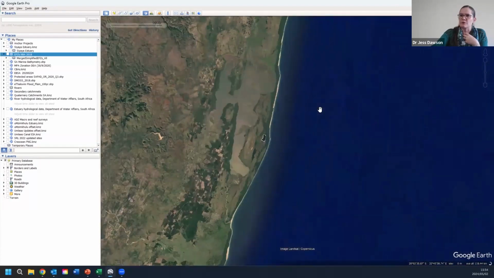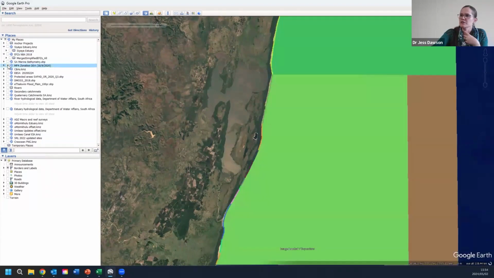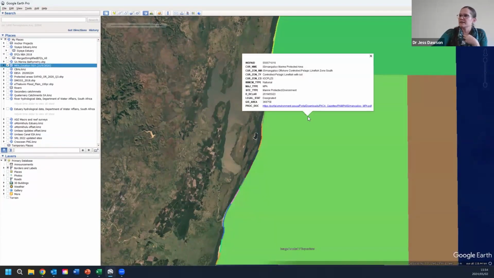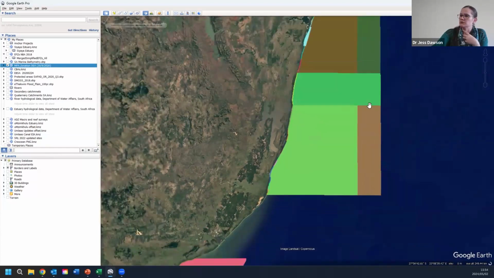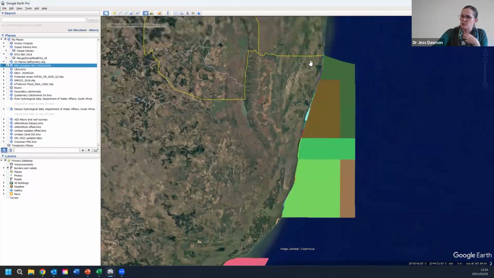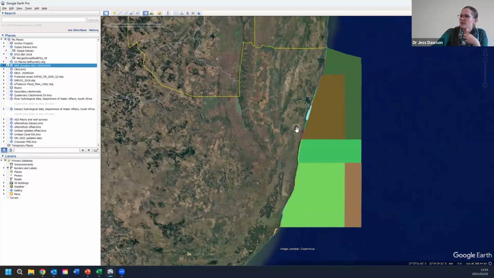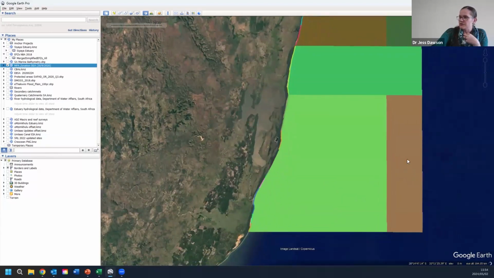So let's have a look at some of our protection status, turn on marine protected areas. And here you've got the Isimangalisu marine protected area, which is quite a big system all the way along. It goes right up to the northern border of the country and includes the Kosi Bay Lakes. I think all of these are just different colors of the same Isimangalisu protected area.